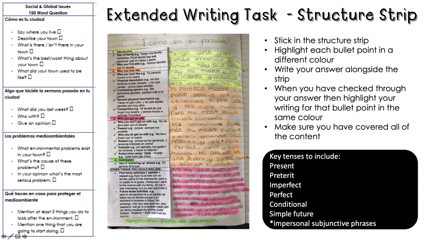This is an example of a writing. It's not the same topic. So, for example, this student, for the first bullet point here, they highlighted that in yellow so that it was very clear. Then you will start writing the answers bullet point by bullet point.